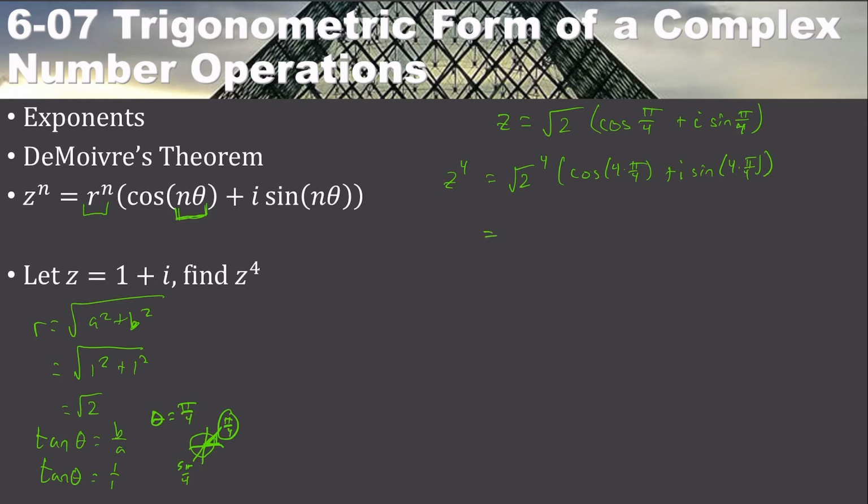Square root of 2 to the fourth is the same thing as square root of 2 squared, or 2 times 2, so it's 4. And when you multiply the angles, the 4's cancel out, so it'll be cosine pi plus i sine pi. That's way easier than going 1 plus i times 1 plus i times 1 plus i times 1 plus i.